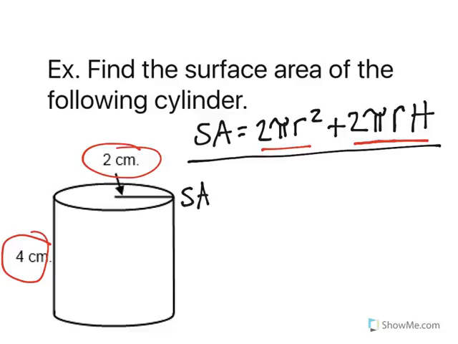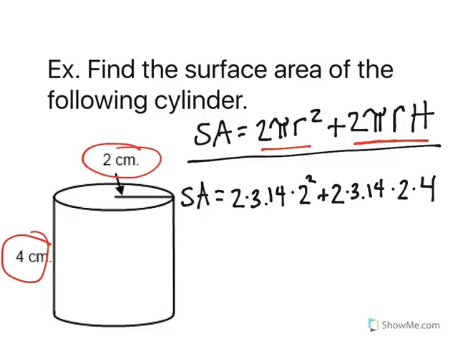So the surface area is going to equal 2 times 3.14, we're going to use that as our pi, times my radius, which is 2 to the 2nd power, plus 2 times 3.14 times 2 times 4.